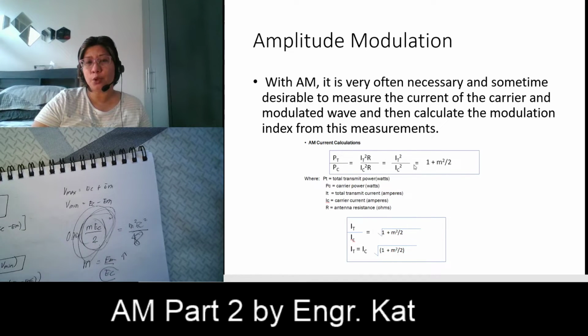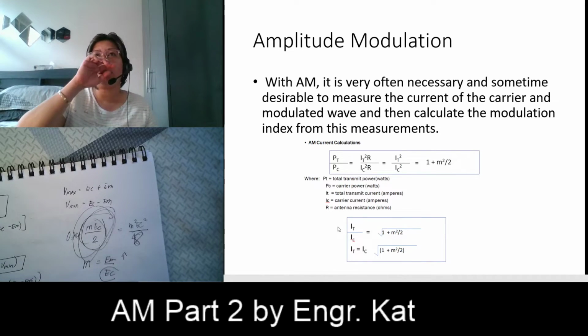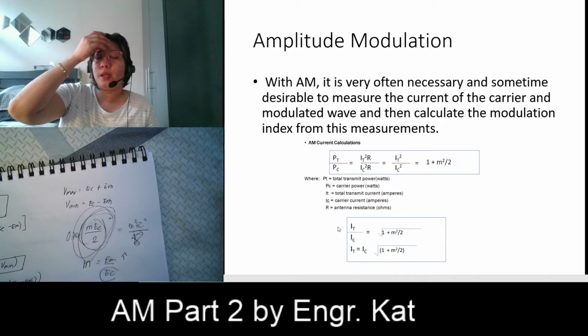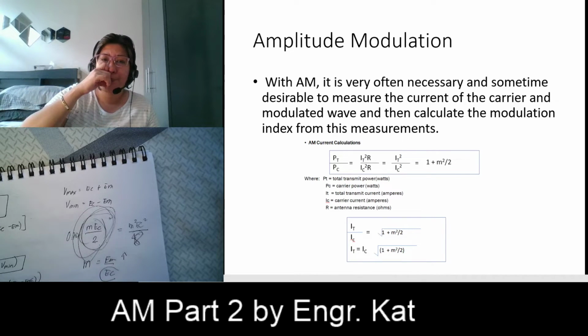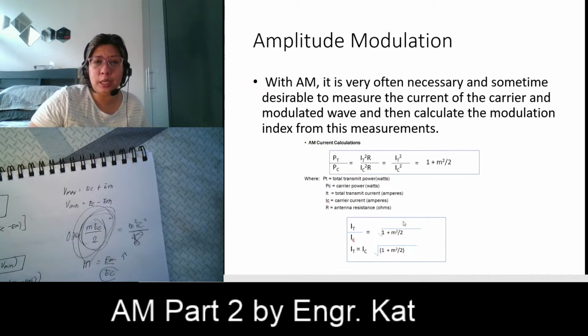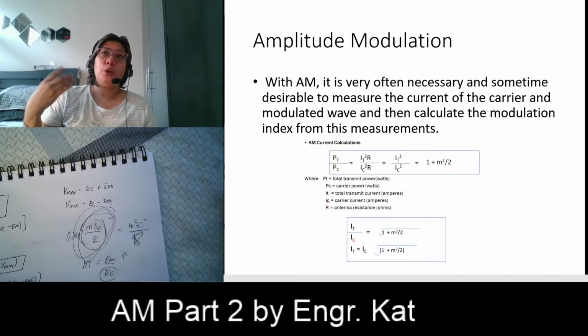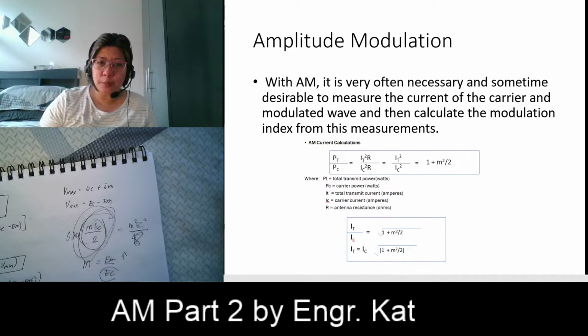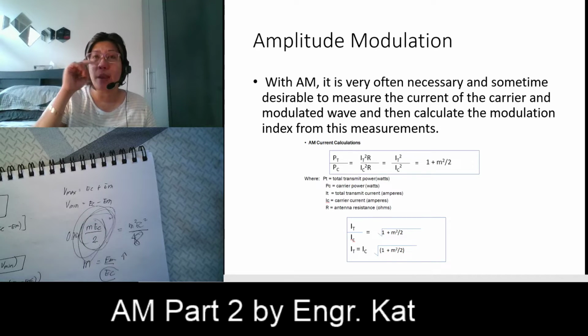To eliminate the square, we get the square root of this. So the total transmitted current is equivalent to the carrier current, in amperes, multiplied by the square root of 1 plus M squared all over 2. Again, your IC is unaffected by modulation. That is your current without modulation, and then IT is your current with modulation.